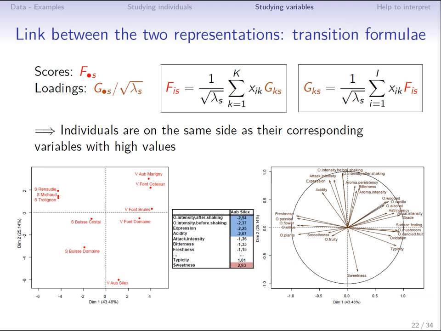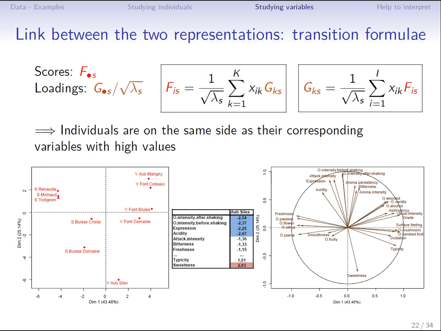This may be expressed as follows. Individuals are on the same side as their corresponding variables with high values and opposite their corresponding variables with low values. It must be noted that x_ik are centered and carry both positive and negative values.